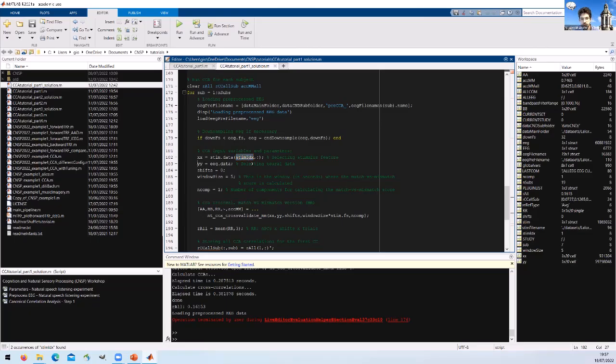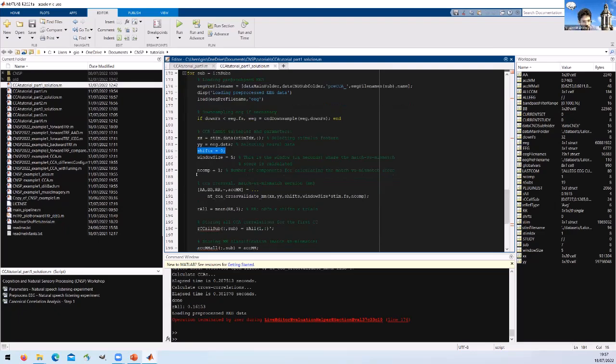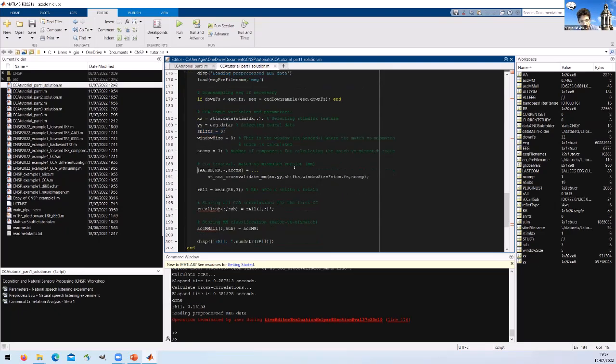And then you take your EEG data, so all trials, just one shift. We don't shift anything. We just take the EEG data and the stimulus synchronized. I'll explain that in a second. And then you run your cross-validation for the CCA. So it's the same as mTRF cross-val, but it's running the CCA.